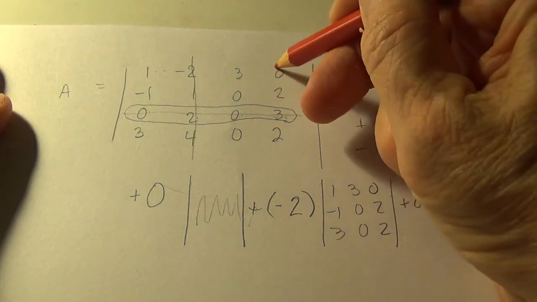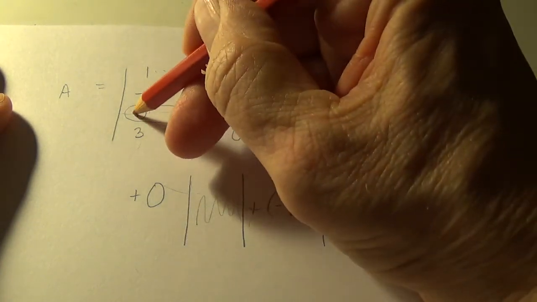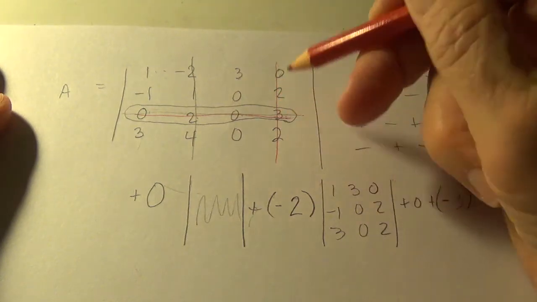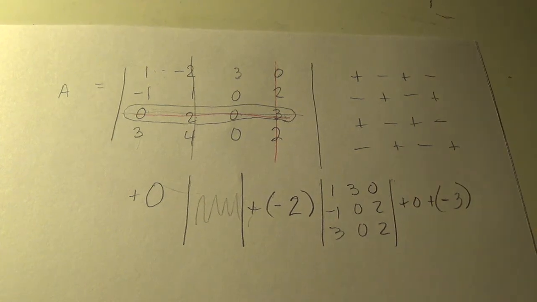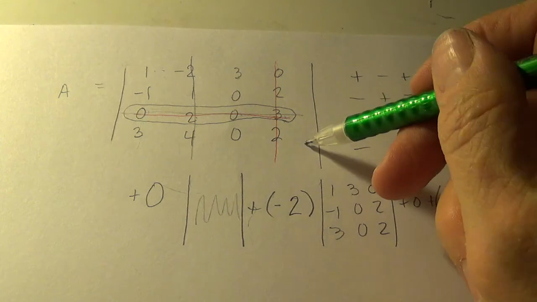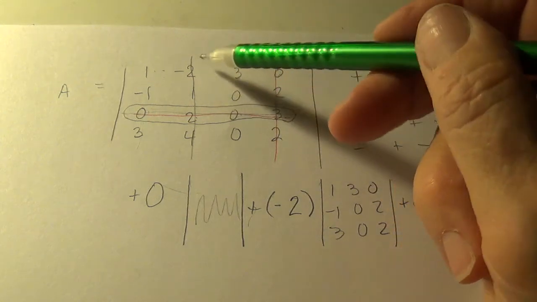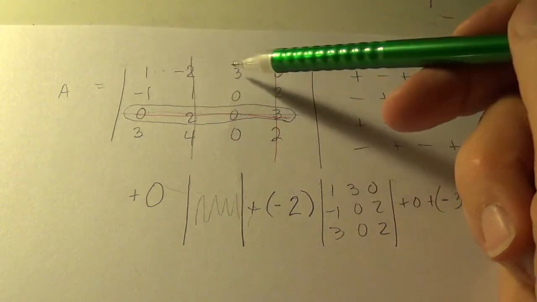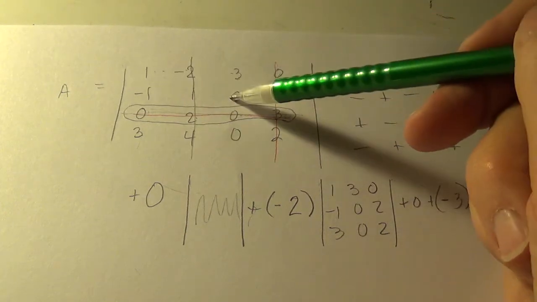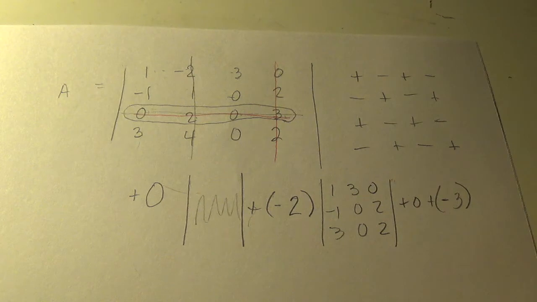Well, we have to eliminate, I'll switch colors so you can see clearer. I'm going to eliminate the row and column in red, and what numbers remain when I do that? When I eliminate the row and column that this 3 is in, do you see the matrix that remains? This is not removed. 1, negative 2, 3, negative 1, 1, 0, and 3, 4, 0.